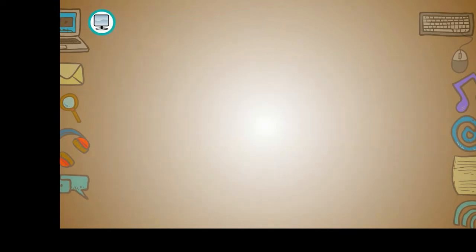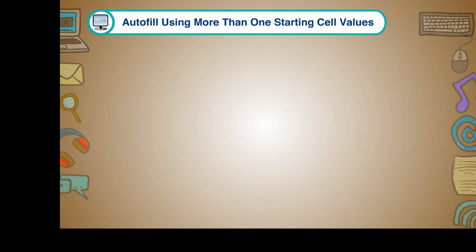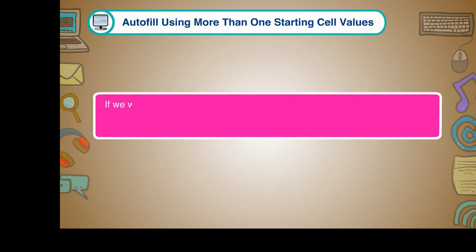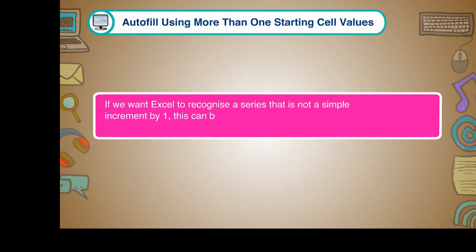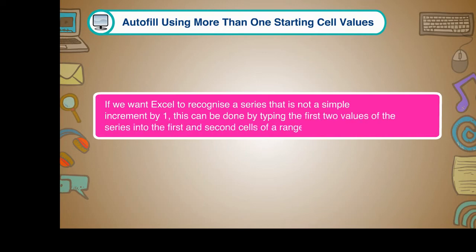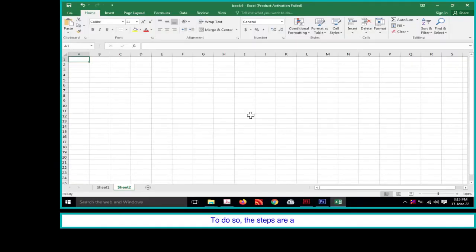Autofill using more than one starting cell values. If we want Excel to recognize a series that is not a simple increment by 1, this can be done by typing the first two values of the series into the first and second cells of a range. To do so, the steps are as follows. Step 1.